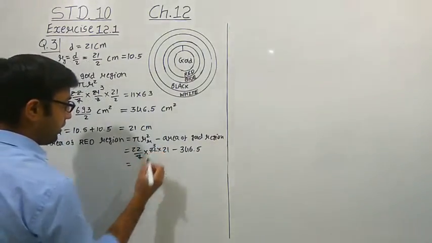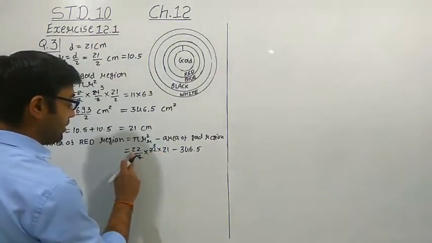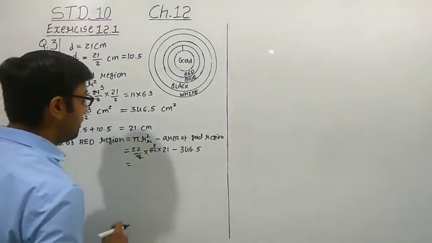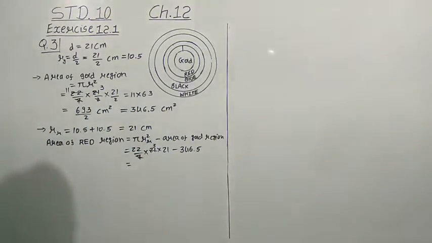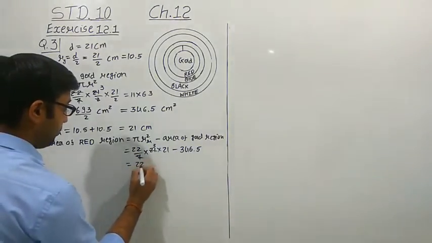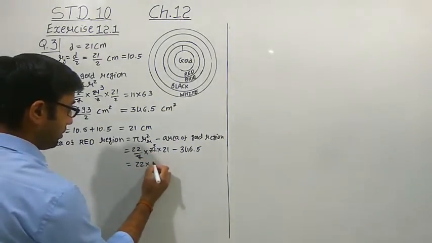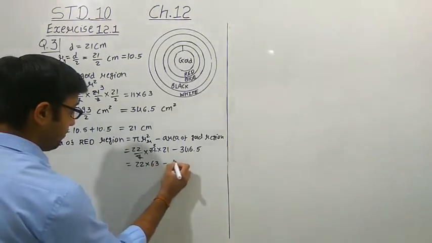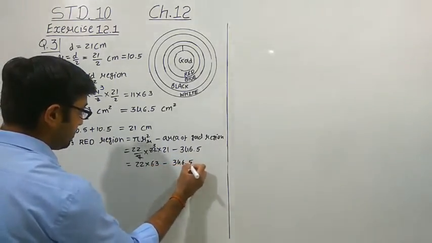Now let us calculate. 7 threes are 21. Now multiply 22, 3 and 21. So we get 22 into 63 minus 346.5.